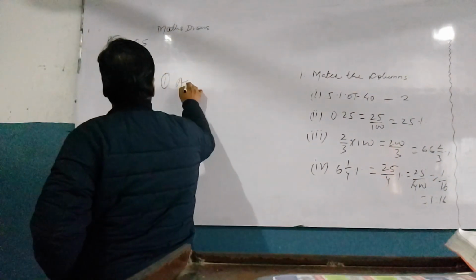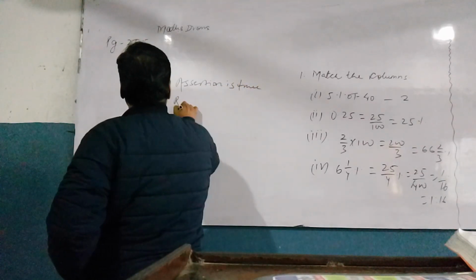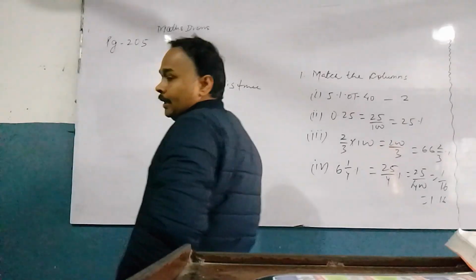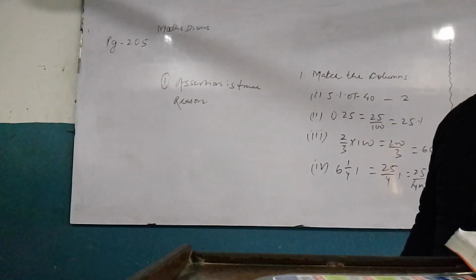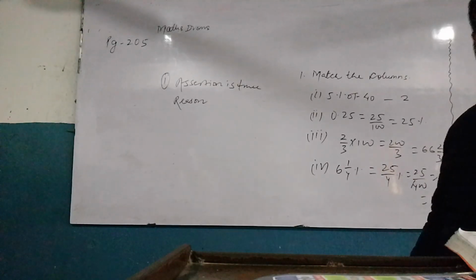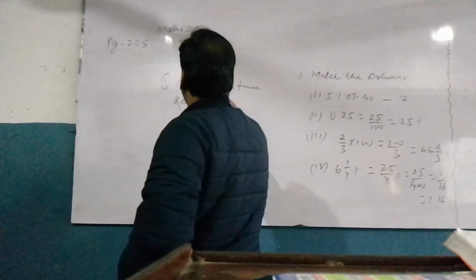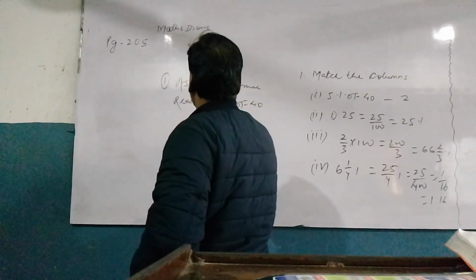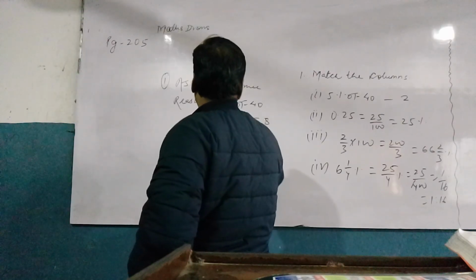In question number 1, assertion is true, and reason is 20% of 40 students is equal to 20 by 100 into 40, which is equal to 8.